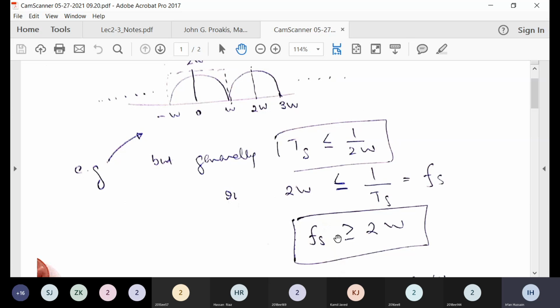So you can say that Fs, the sampling frequency, must be double the bandwidth of your message signal, or your modulating signal, or your low pass signal or analog signal. So if the analog signal is in its baseband form, its sampling frequency has to be double its bandwidth, remembering that the bandwidth is the set of positive frequencies for my baseband signal. Is everyone understanding?